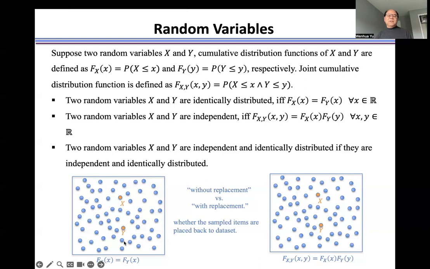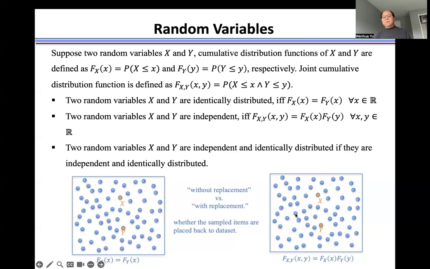For example, for the identically distributed property, that means we sample item x from the training dataset, and we have the same probability as when we sample item y from the same training dataset. That's the identically distributed property.